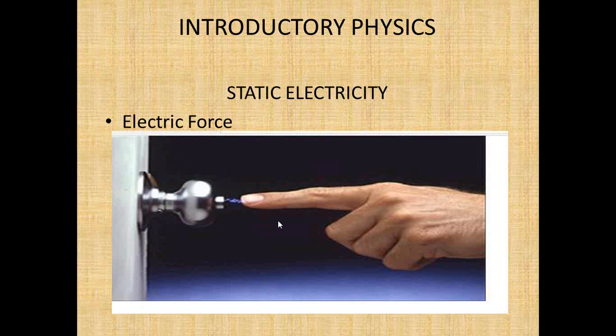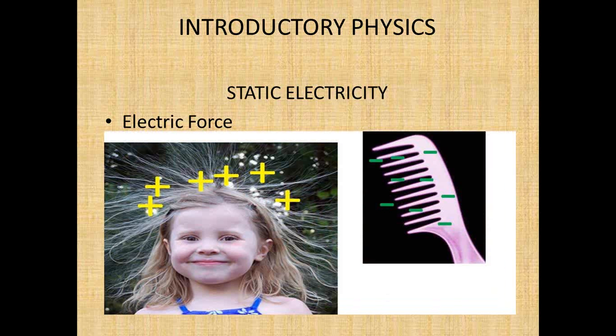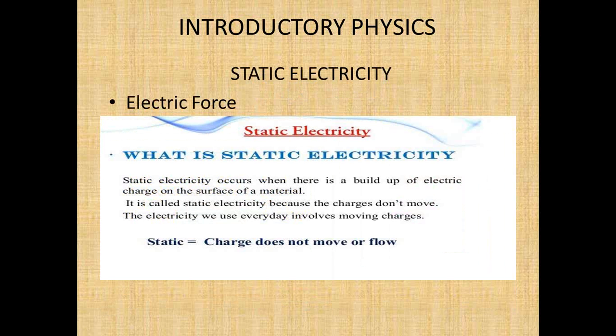Similarly, especially during the winter months, we get electric shocks all the time touching doorknobs, and we can have those bad hair days where the hair stands on end. When we delve a little bit more into static electricity, we'll explain exactly why this occurs. So this is not magic, it's just static electricity.